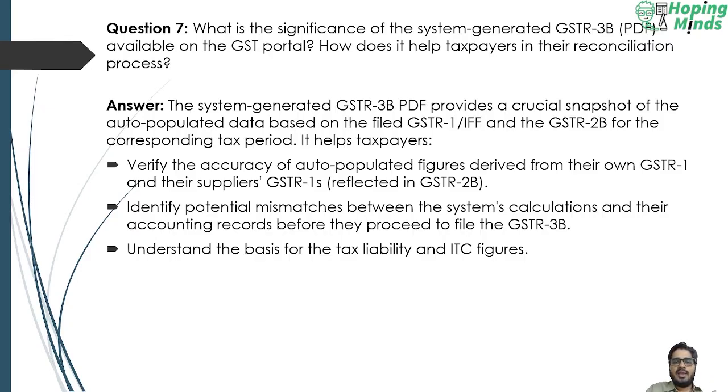Then it helps to identify the potential mismatches between the system calculation and their accounting records before they proceed to file the GSTR 3B. Also, it helps to understand the basis for the tax liability and the input tax credit figures.